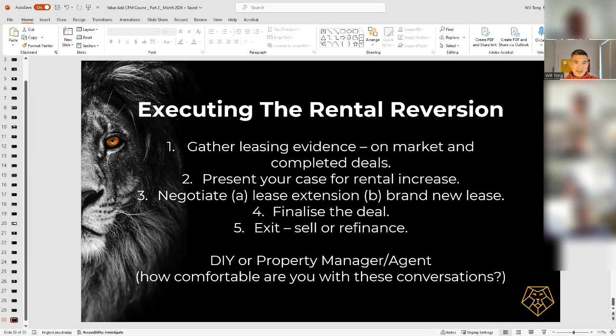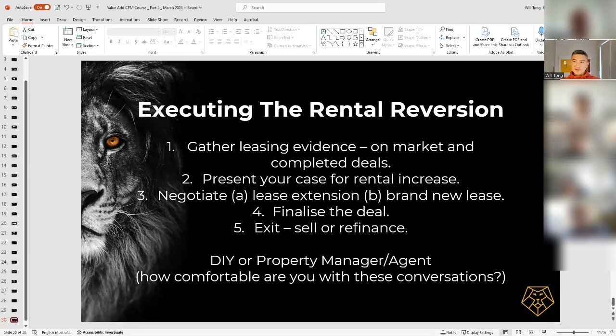So number one is I'll gather as much leasing evidence as possible to support my case. If I feel like the market rent is $200 per square meter, I'm going to find as much evidence as possible to support that this property type, in this location, of this size and quality should get $200 per square meter. I'm going to present it.